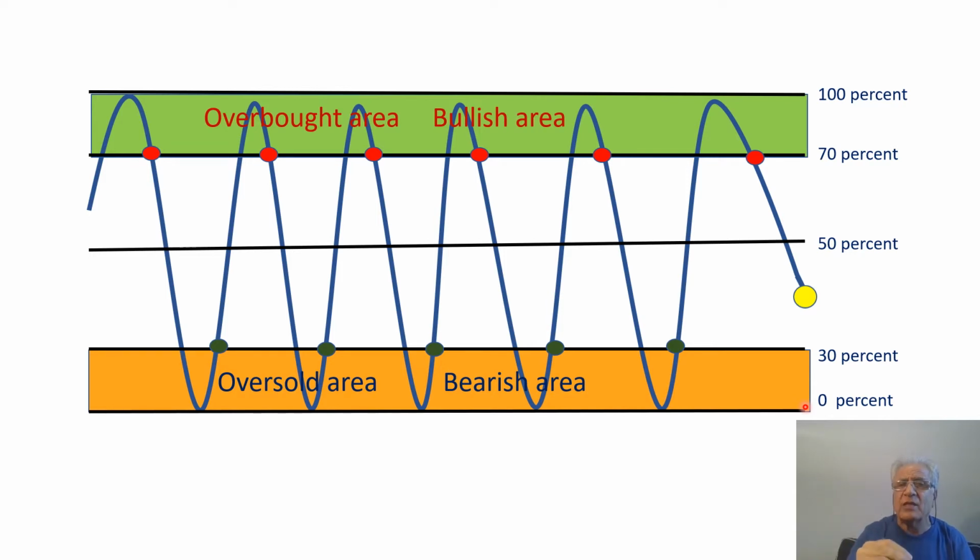As we get closer to 100, it means the buyers have strong power in the market. And when we get closer to 0, it means the sellers have strong power in the market.